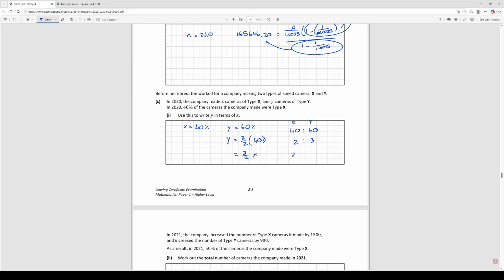So what you can say is 2. No, that would be the other way around, though. Yeah, you'd have to say 3X is equal to 2Y. That might confuse people more, right? You'd have to say 3X is equal to 2Y there, and then maneuver it around. The best way I can spot this is that 60% is 40% and a half of 40%. So I said 1.5, but I said 3 over 2.